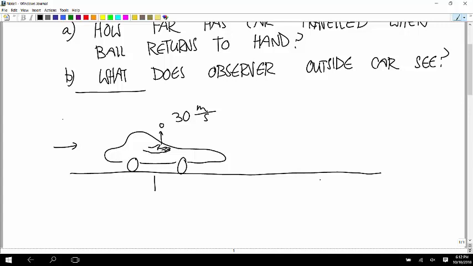Then it's going to take some amount of time for the ball to come back to the height of the hand. So at this point, it returns to the hand, and we want to figure out what this distance is.